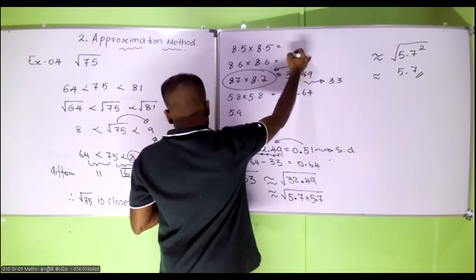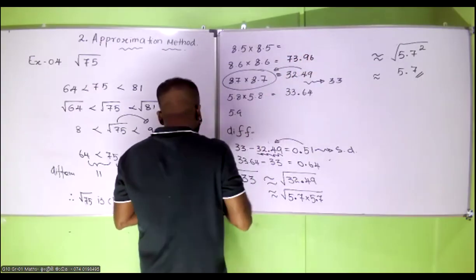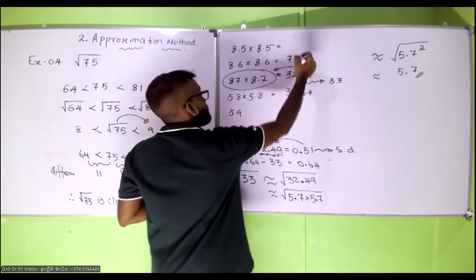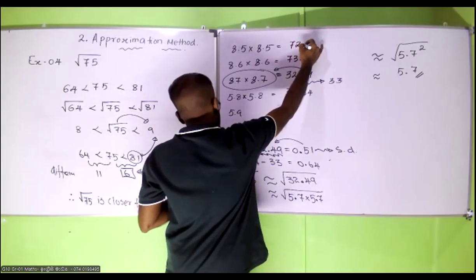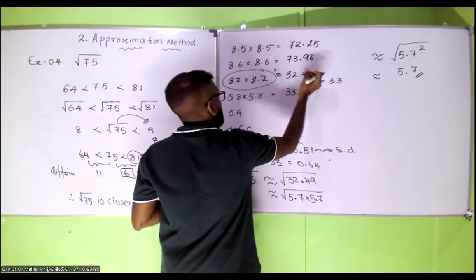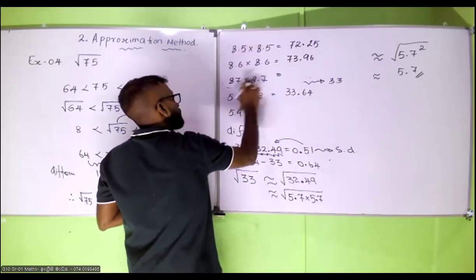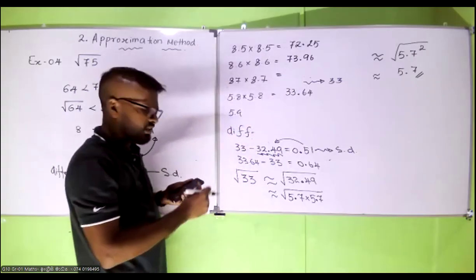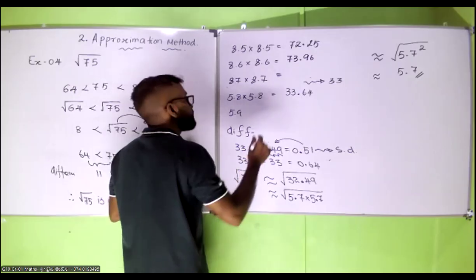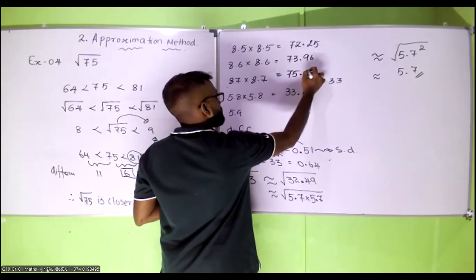It will give me 73.96. 8.5 times 8.5 is 72.25. 8.7 times 8.7 is 75.69.